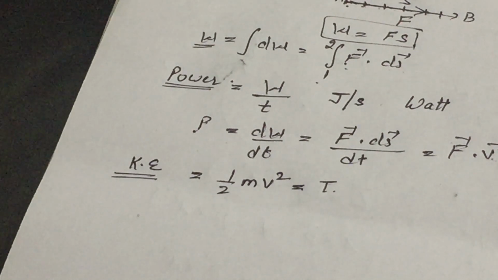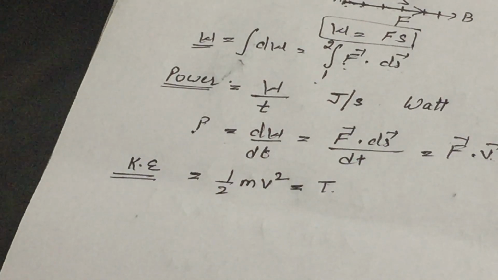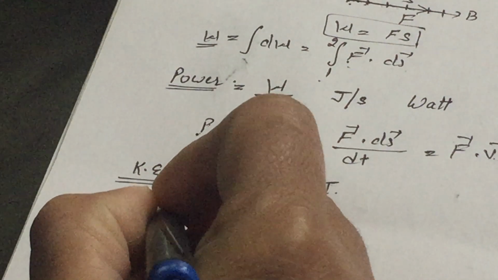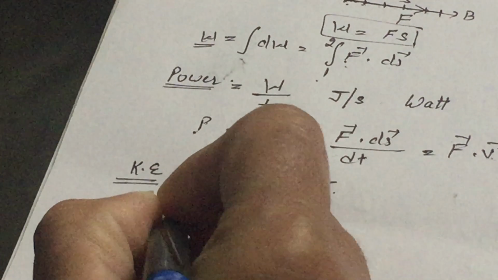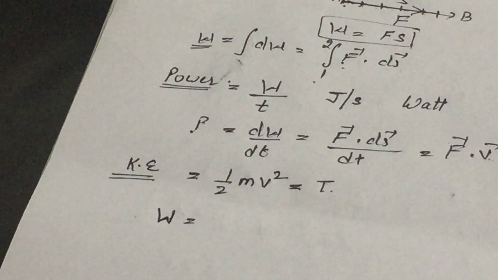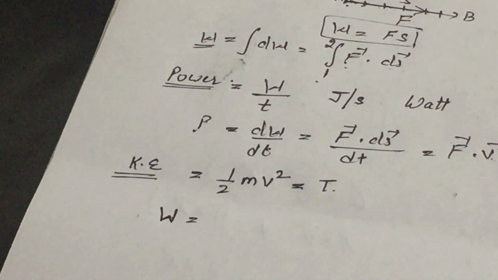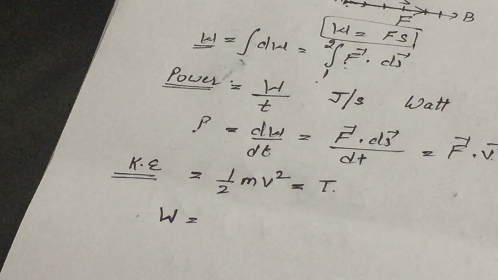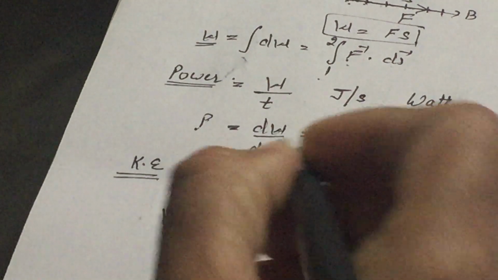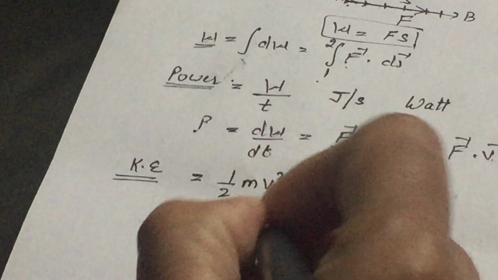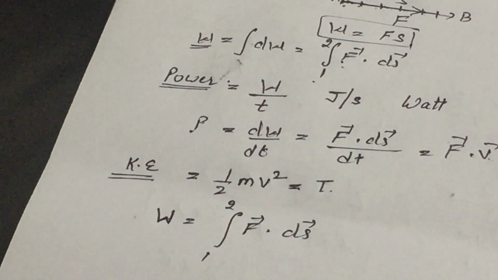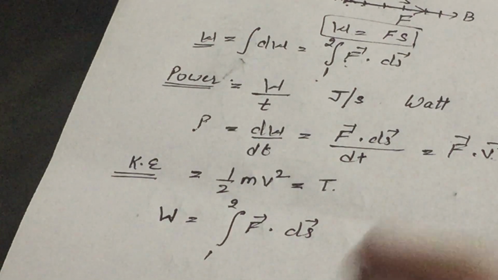There is a relation between kinetic energy and work. How are we going to find it out? Let us consider a particle moving from point 1 to point 2, with an applied force F and a displacement of ds. Then we can give work done as F dot ds, integrated from initial position 1 to final position 2.